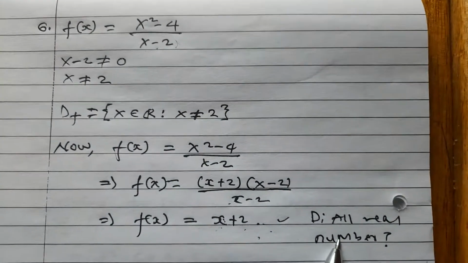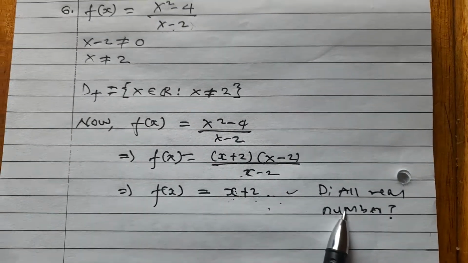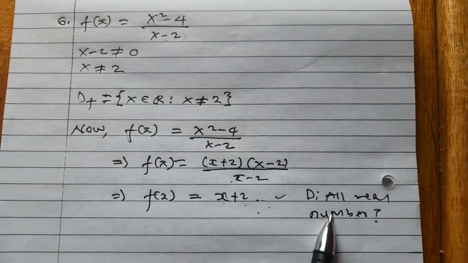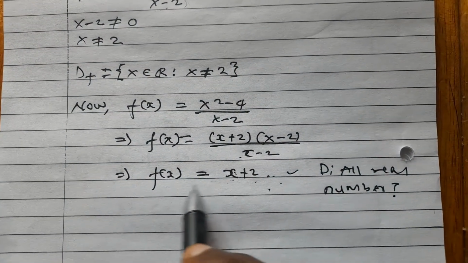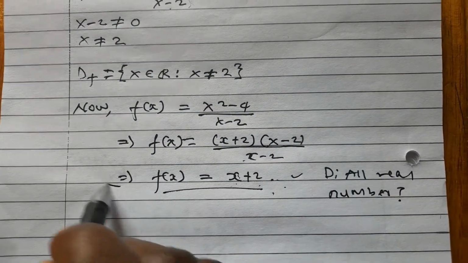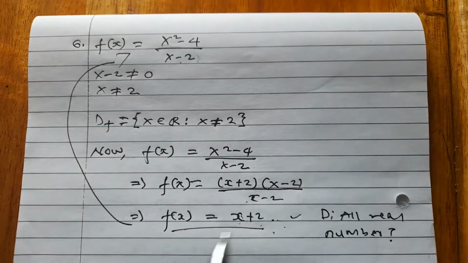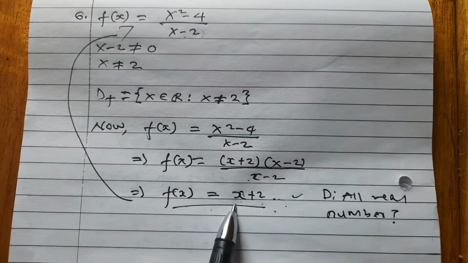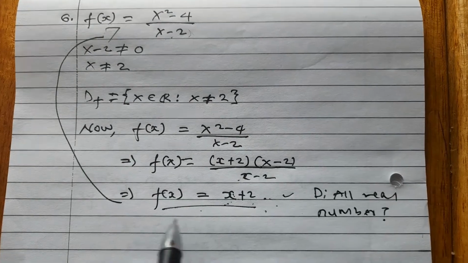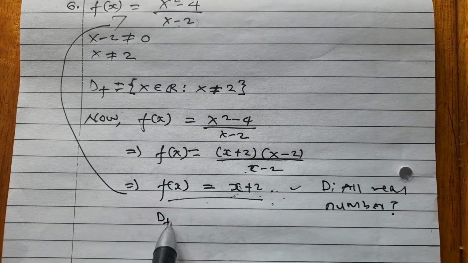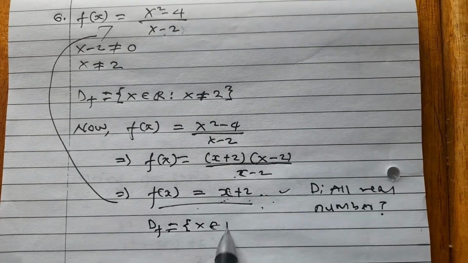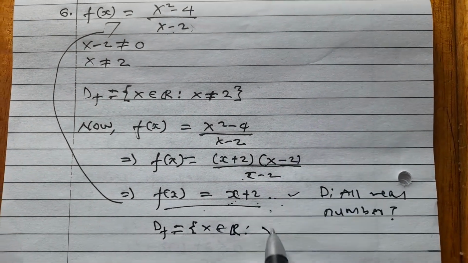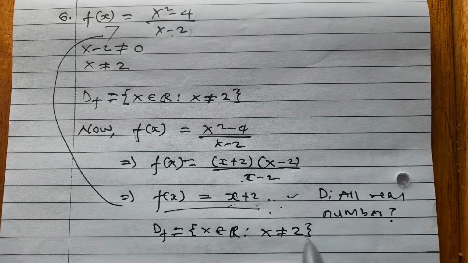Why is that? Because with simplification of a function, we have to keep the original domain. Since this function is obtained from the original function, the domain of this function is the set of all real numbers, except when x is equal to 2.